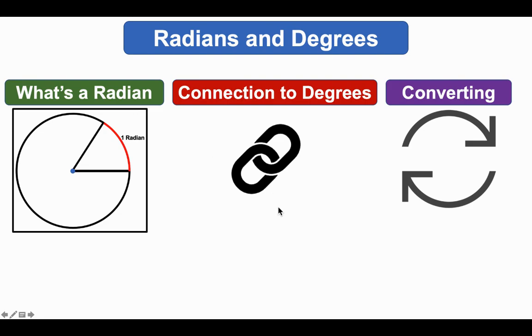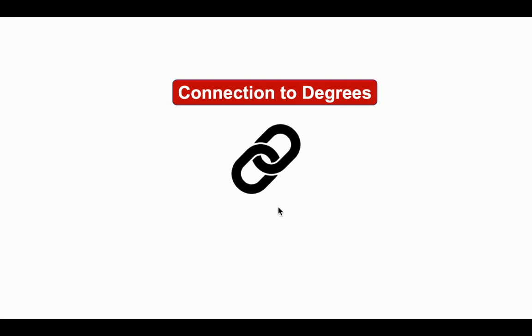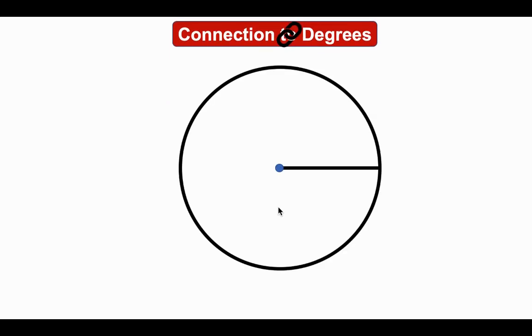All right, so the next thing is, now that we know what a radian is and that it measures an angle, we want to make a connection to stuff that we already know, because we're eventually going to ask you to convert these back and forth. If we were talking about length, we'd think about something that's as far away as the other one.